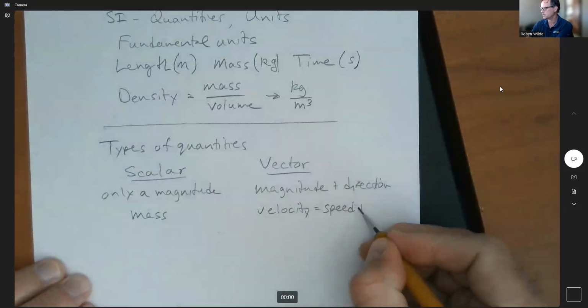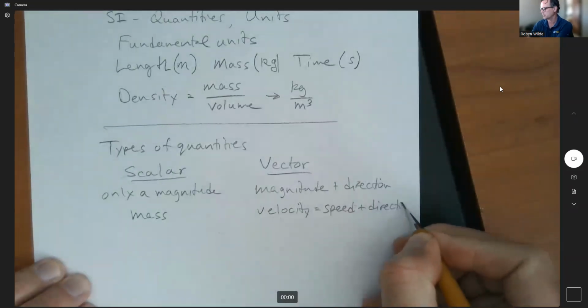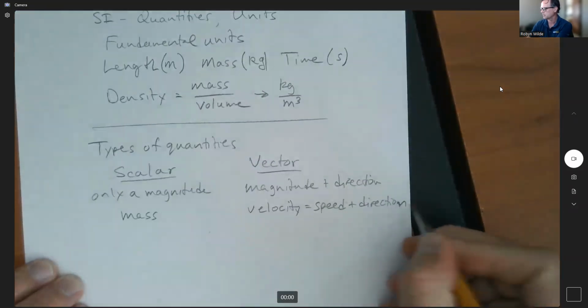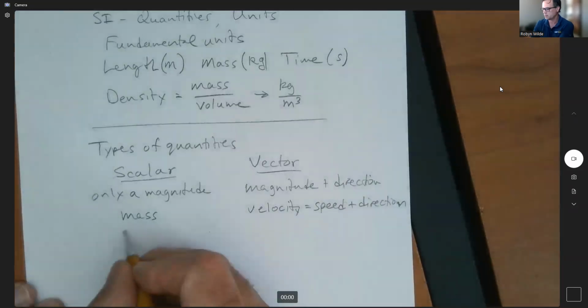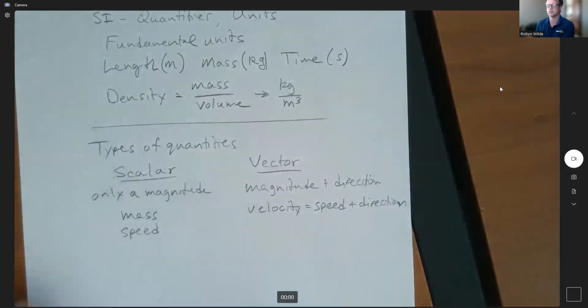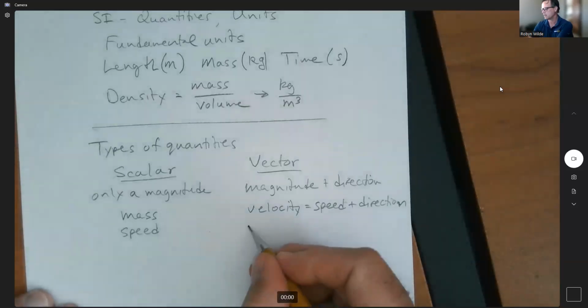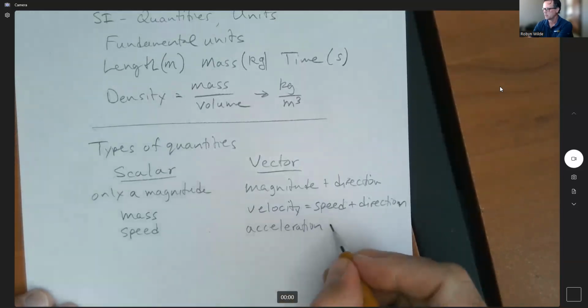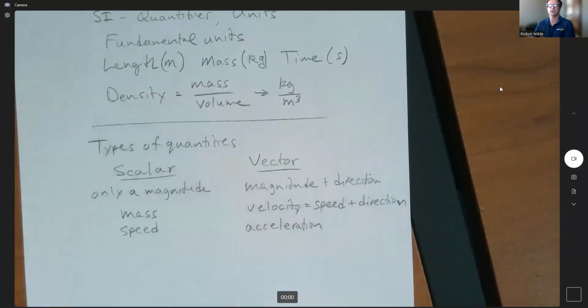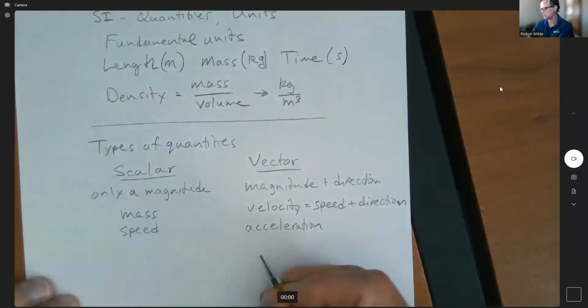So velocity is your speed plus your direction. And so, in fact, I would say speed is really a scalar quantity because I just say 20 miles per hour. It's just a quantity that doesn't have a direction. Velocity would be the vector quantity. Another quantity we're going to talk about in this chapter that is a vector is acceleration. And another one that even is kind of more fundamental than velocity or acceleration is displacement.